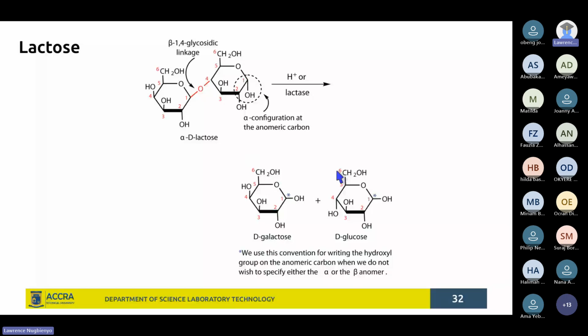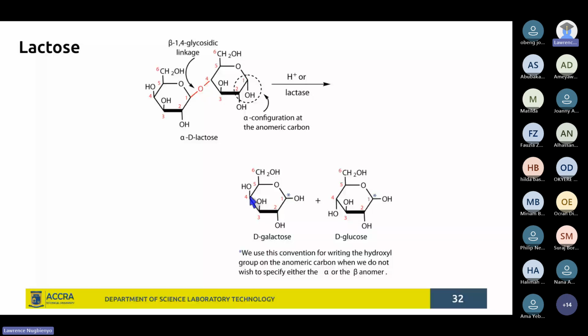But if you look at it as a reverse, actually, usually you should be having a glucose and a galactose that will be bonding to form the lactose molecule.